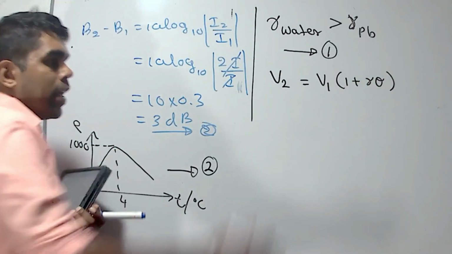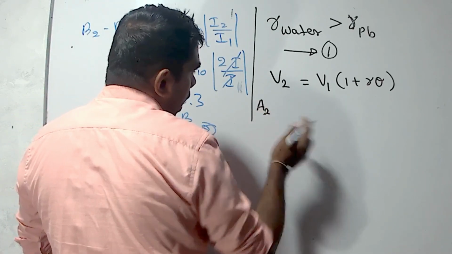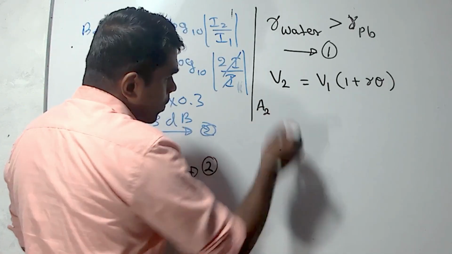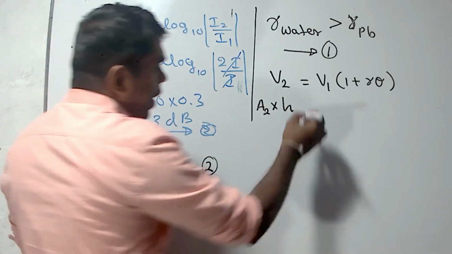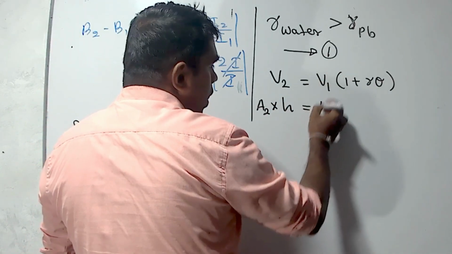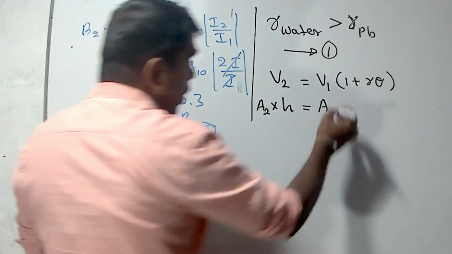We can write final volume as the final cross-sectional area of the container, A2, into height, and initial volume as the initial cross-sectional area of the container into the initial height.